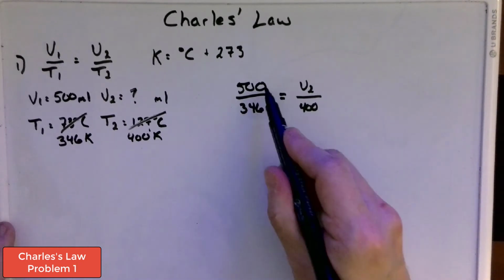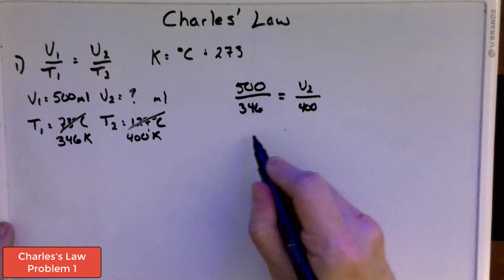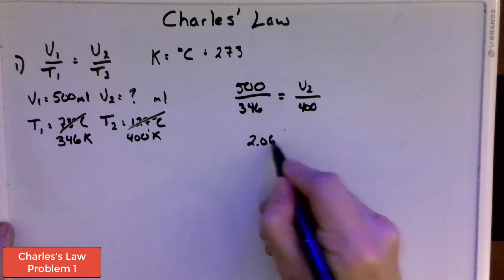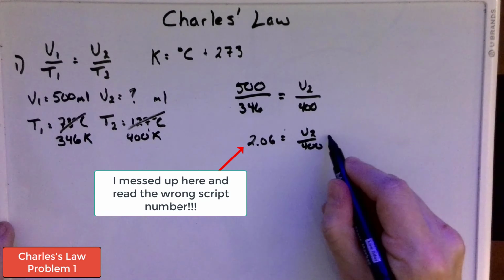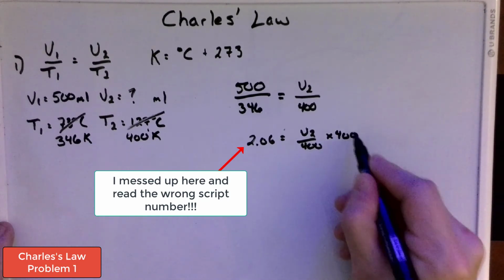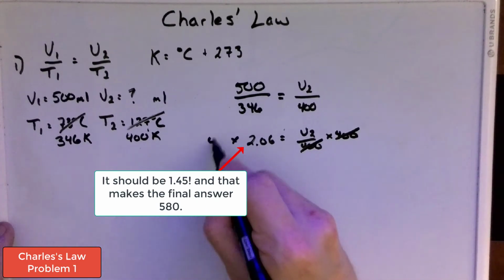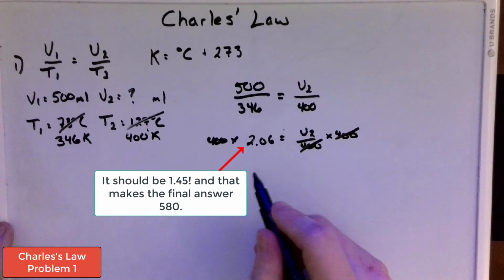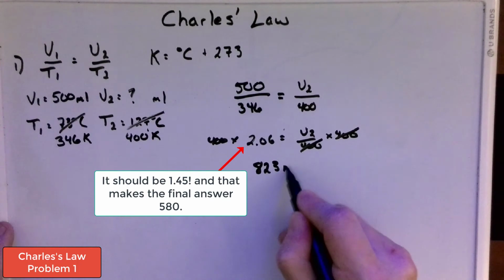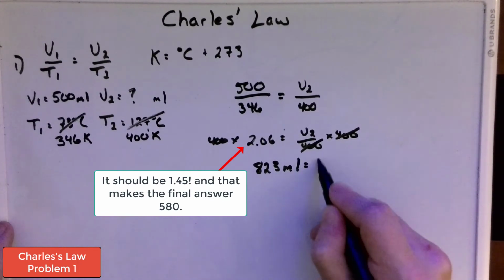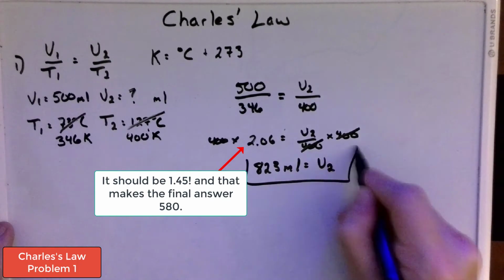If you take 500 divided by 346, you end up with 2.06 equals V2 over 400. Multiply both sides by 400 to get rid of that denominator. And the final answer that you should end up getting is 823 milliliters is the final volume.